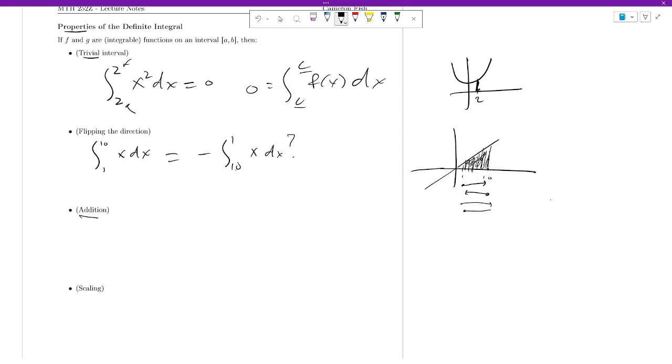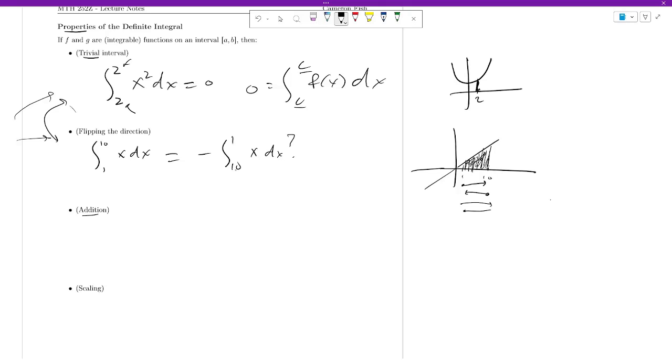If I integrate from left to right, I get a positive number if I'm above the x-axis, and if I integrate from right to left, I get the same number but negative. Both flipping and trivial are conventions which make sense and also play nice with this third thing, addition. The addition one is the one that we really want to be true. It's maybe the most obvious and important one, and these two are necessary consequences of making addition work out.